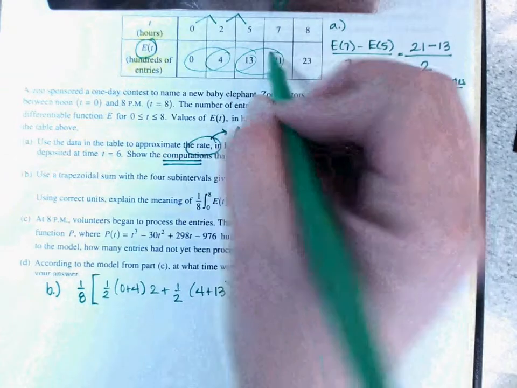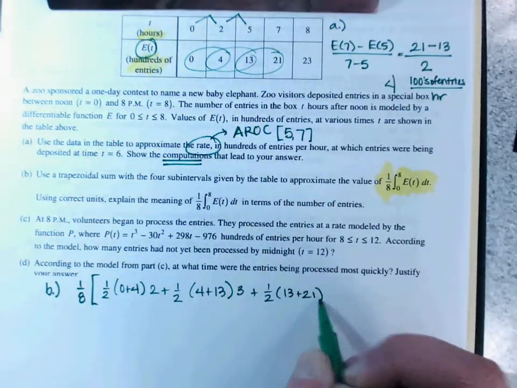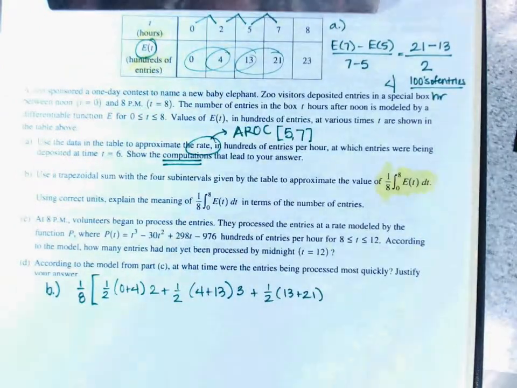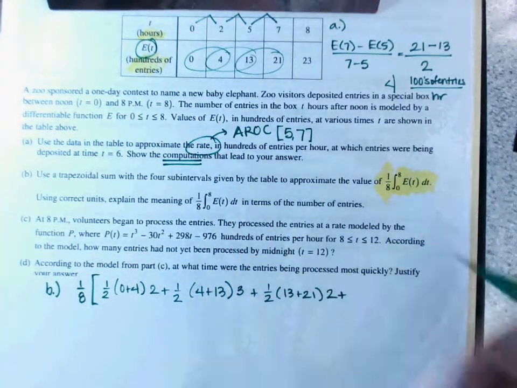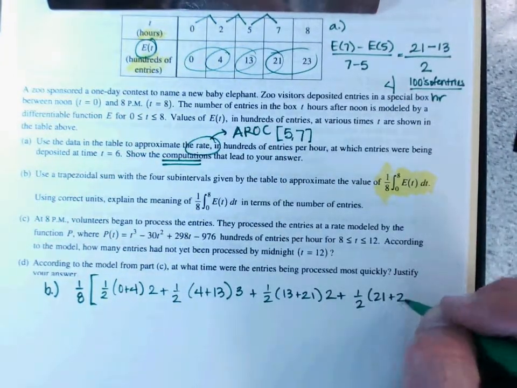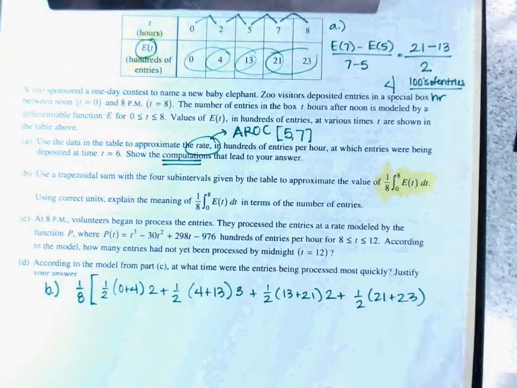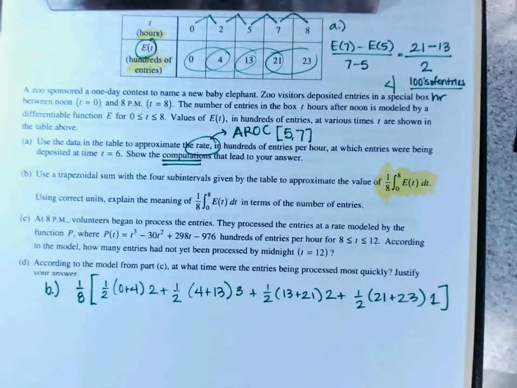Next one would be 13 and 21, 1/2. And then 5 to 7, your width is how far? Plus, last one, 21 and 23. And then your x value distance is 1. But then remember that 1/8 has to be out there in the front.